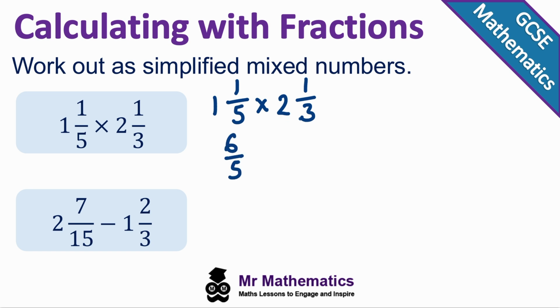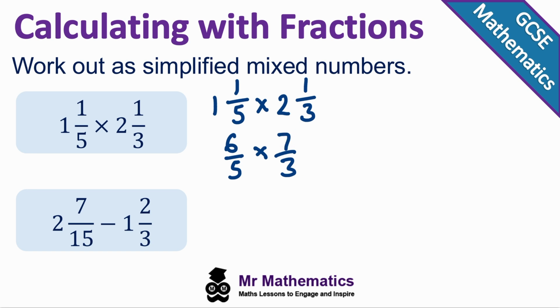And then we'll have the 2 times the 3 added to the 1. This will give us 7/3. And this makes sense because this 1 is 5/5, and the 5/5 added to 1/5 is going to be 6/5. This 2 is 6/3, and then the 6/3 added to the 1/3 will give us the 7/3.